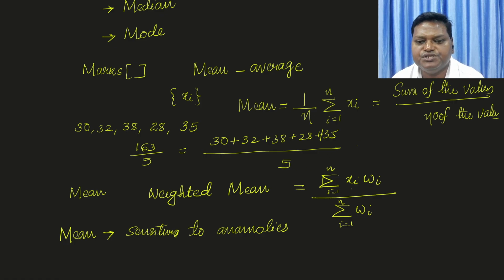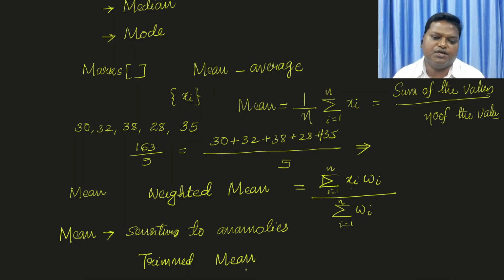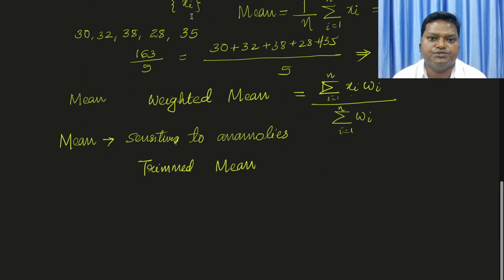Then your mean will change very rapidly, and in that situation the mean may not represent the data correctly. So sometimes people also prefer trimmed mean. Trimmed mean is a mean where you eliminate the lower and upper values and then calculate the mean, so that you have a picture of the maximum data even if there are outliers.